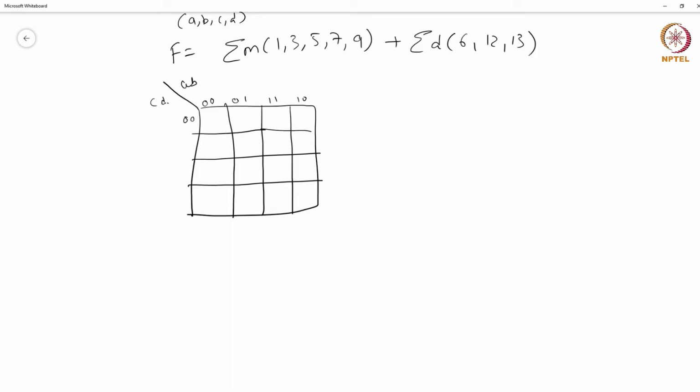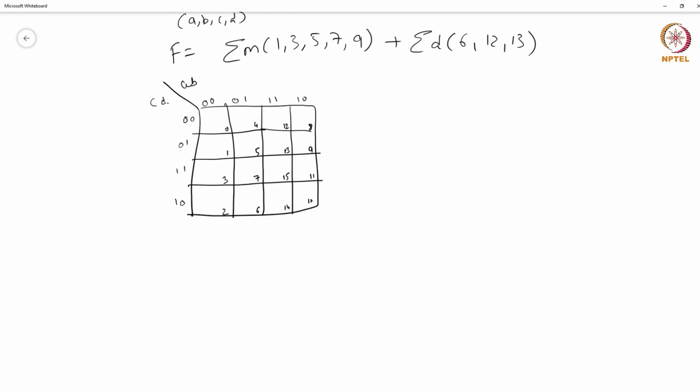Here also we write 0 0, 0 1, 1 1, 1 0, and in the corner of each cell we write their corresponding min term so that it's easy for us to remember: 0, 1, 2, 3, 4, 5, 6, 7, 8, 9, 10, 11, 12, 13, 14 and 15.